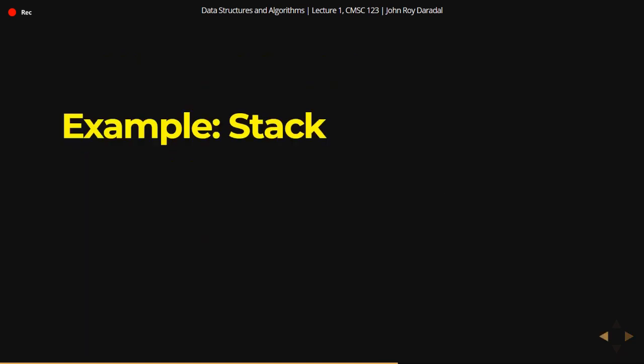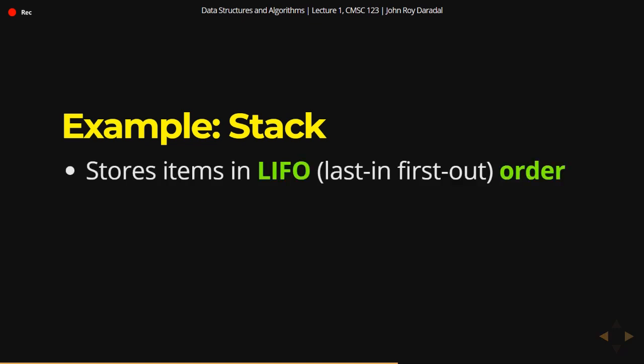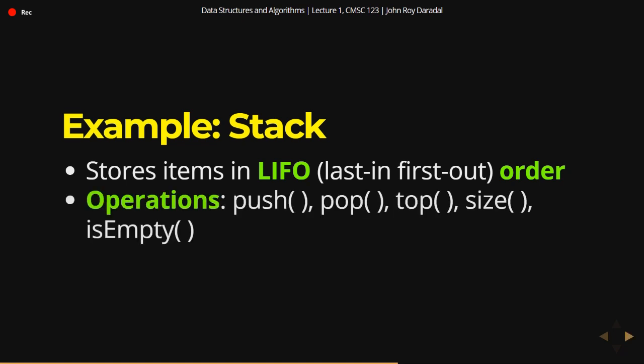So as an example, we have the stack data structure. We'll learn more about this in 2 weeks time. So the stack stores items in a last in first out order, LIFO. So last in first out, and it supports 5 operations.